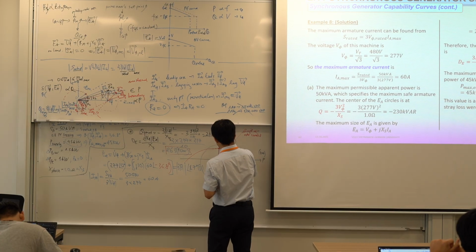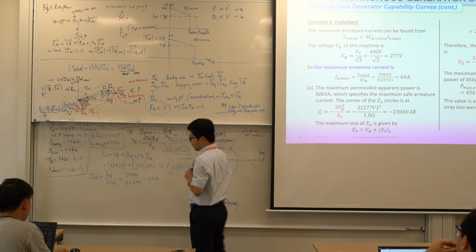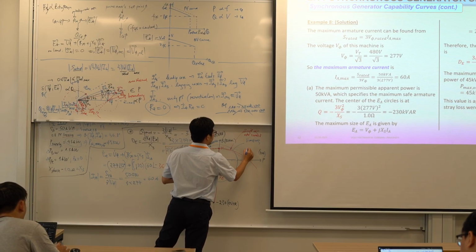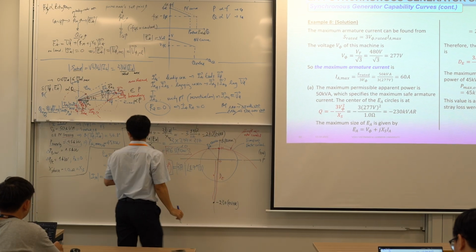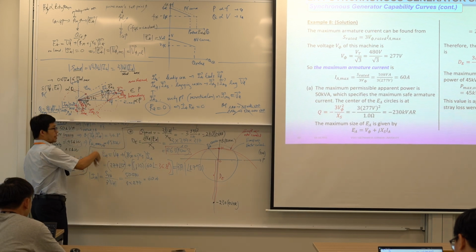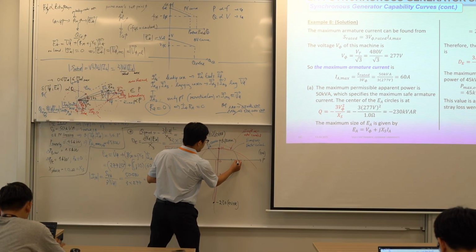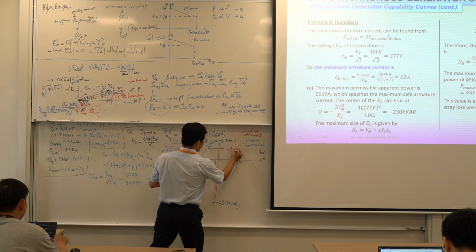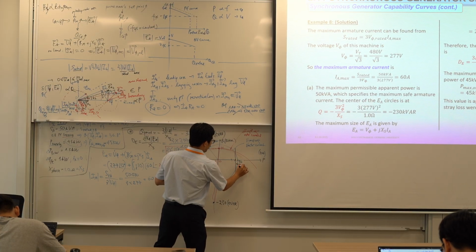S three-phase is 50 kVA. This is number 2, the limit of stator current. And we have the limit of prime mover power, 45 kilowatts. So this is 33, this is 50, so 45 is somewhere here. Yeah, this is 45 kilowatt.